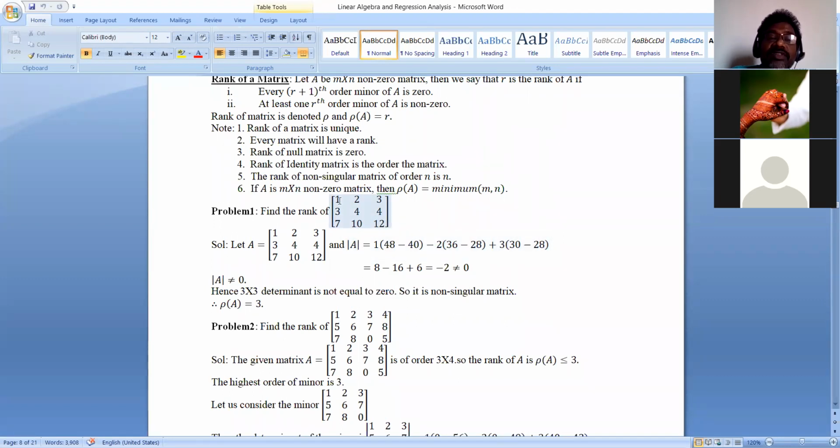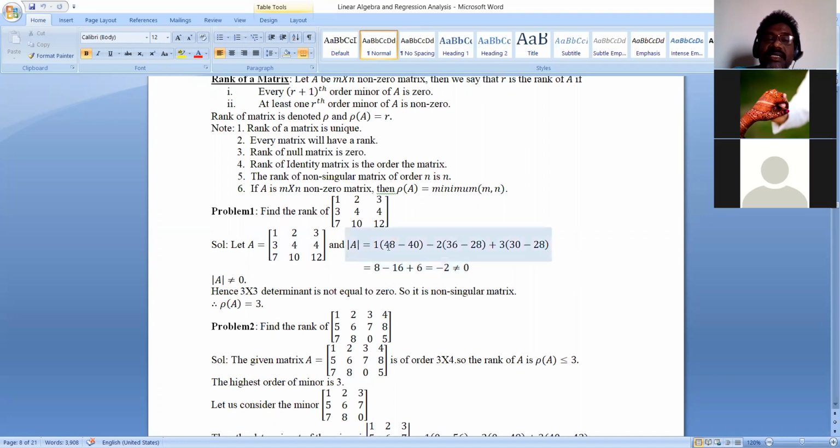Find the determinant of this matrix. Expanding the determinant along the first row, we get 1 into (4 times 12, which is 48, minus 40) minus 2 into (3 times 12, which is 36, minus 28) plus 3 into (30 minus 28).